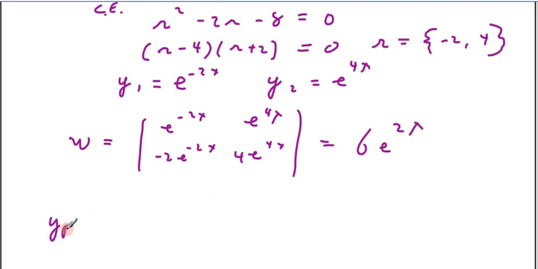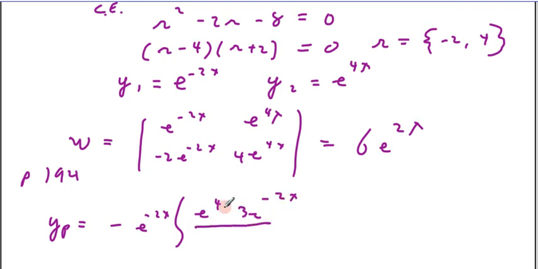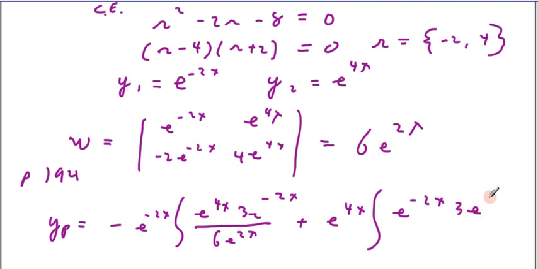Okay, so y sub p, looking at page 194, on page 194 where we do it, we're going to have minus y1, minus e to the minus 2x integral e to the 4x 3e to the minus 2x divided by 6 e to the 2x plus e to the 4x integral e to the minus 2x 3e to the minus 2x divided by 6e to the 2x, and we're going to put a dx there and a dx here.